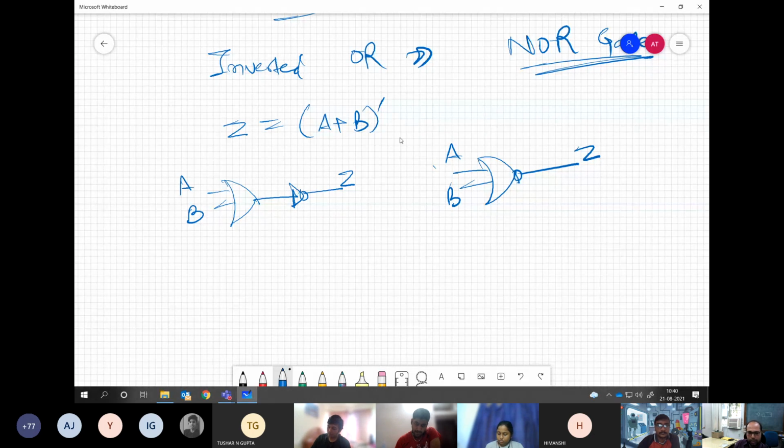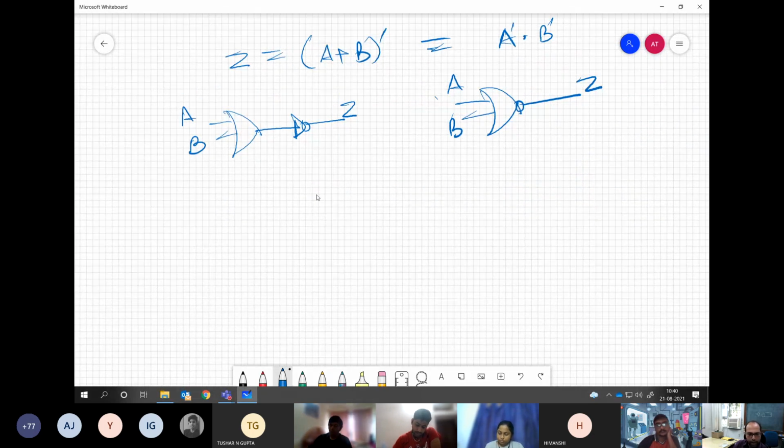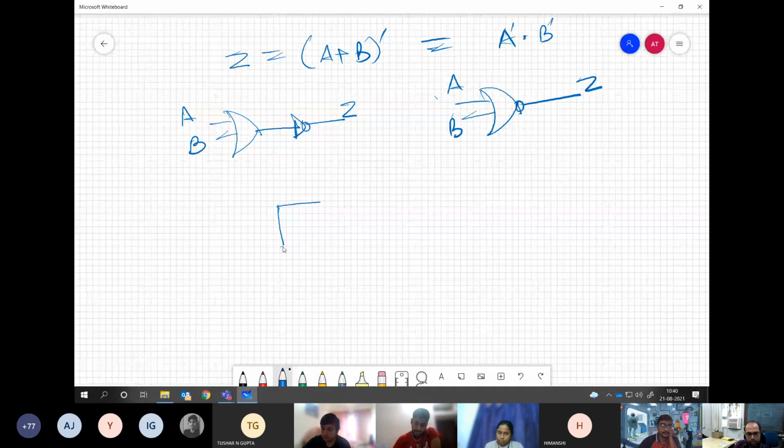Now if you expand using the principles we have learned, it can also be written as A NOT dot B NOT. So we can also represent the same logic in a manner where we have an AND gate with both the inputs inverted.